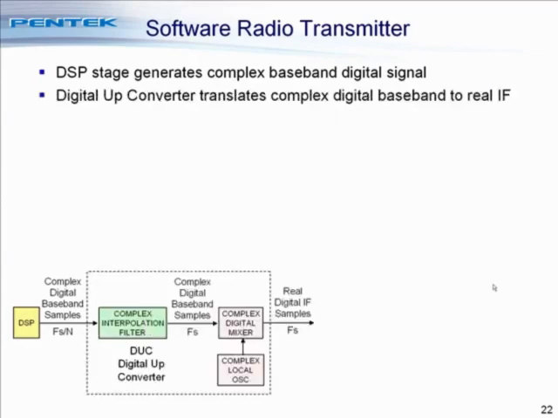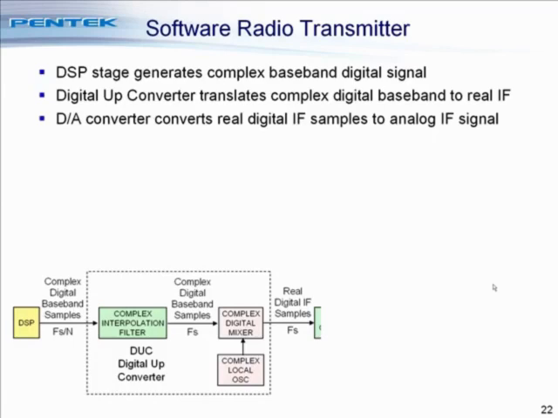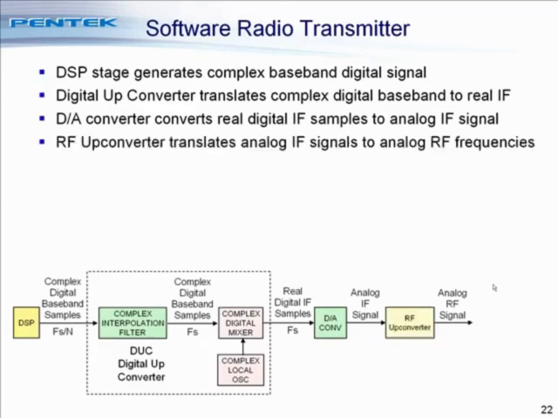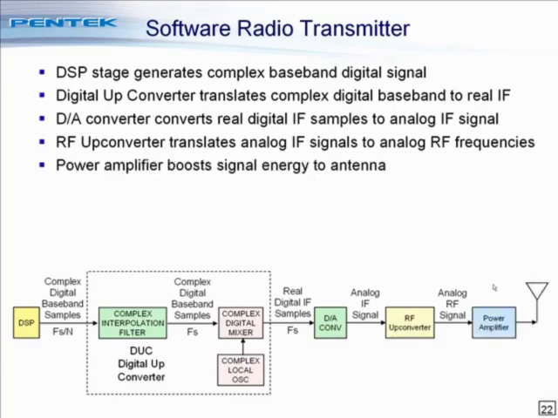We use a digital upconverter to translate these complex digital baseband samples to real IF samples, which are fed into a D-to-A converter that converts the digital IF samples to an analog IF signal. An RF upconverter then translates the analog IF signal to the analog RF, or the antenna frequencies. And typically a power amplifier boosts the signal energy so that it can be transmitted from the antenna.